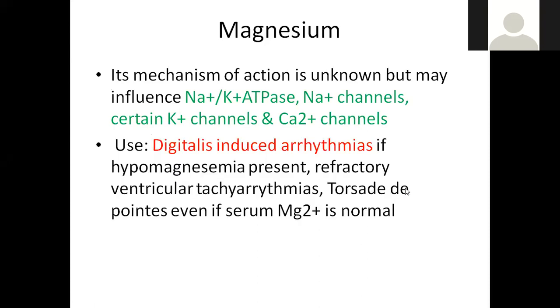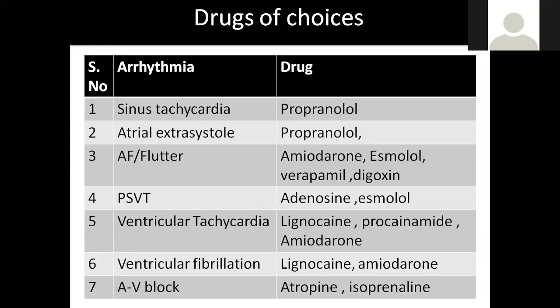It is used in digitalis induced arrhythmias, if hypomagnesemia is present, and in refractory ventricular tachyarrhythmia as well as torsade de pointes, even if serum magnesium level is normal. So these are the drugs of choice.